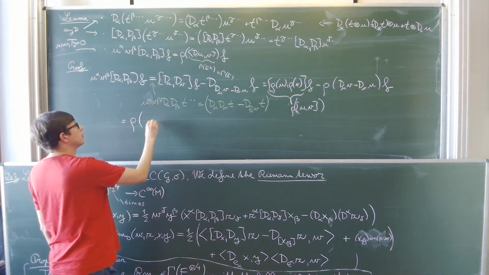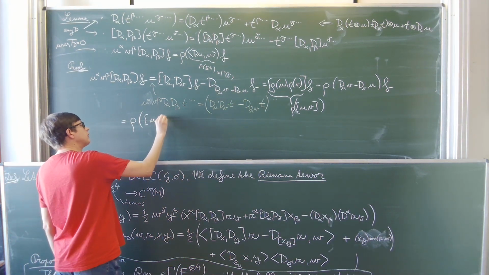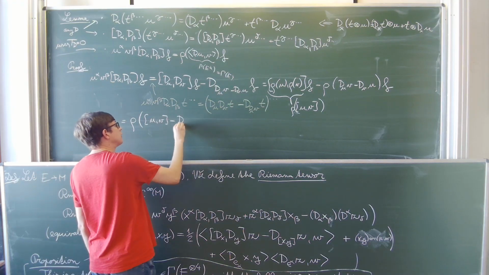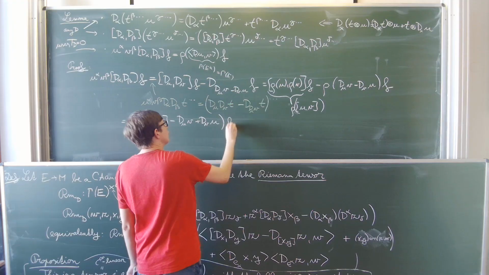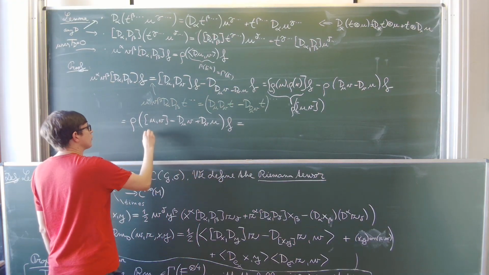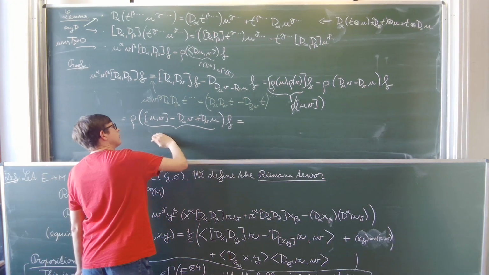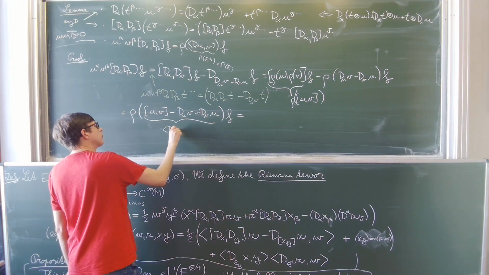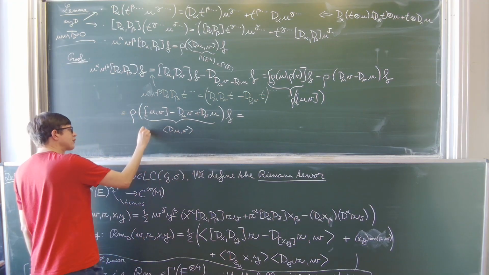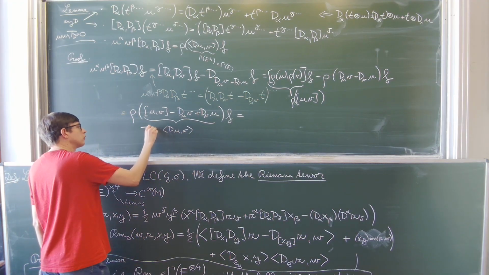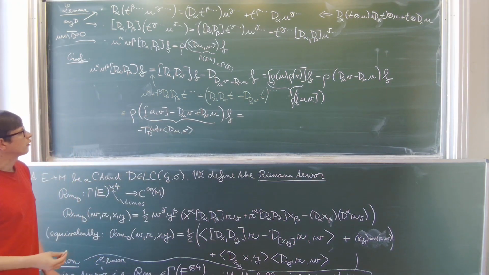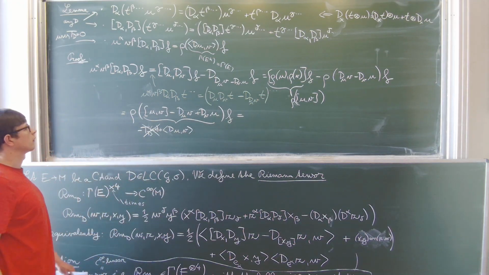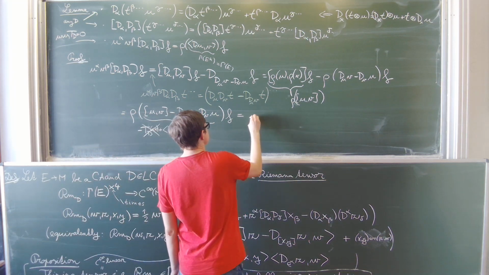And we get the anchor of [u,v] minus d_u v plus d_v u, applied to f. And by vanishing of the torsion, this is d_u v. In general, this would be the torsion of u, v. This is the general formula, but now we don't have the torsion. So that's the result.